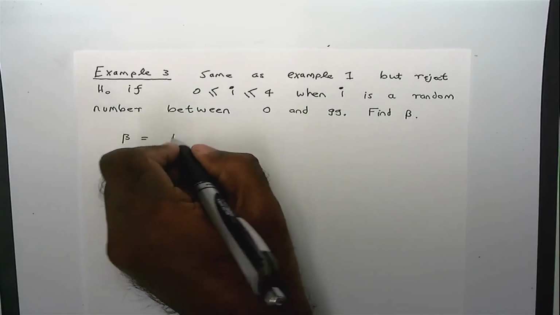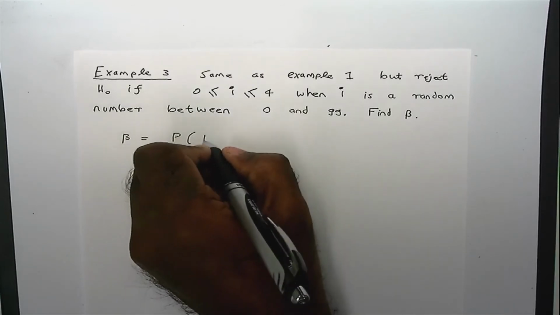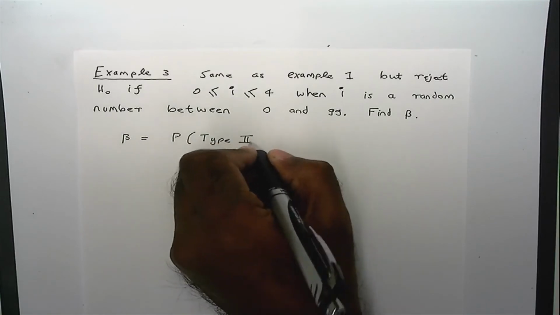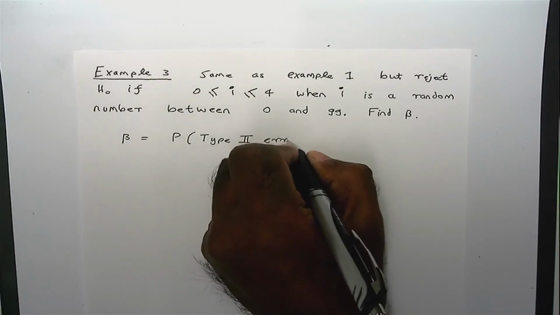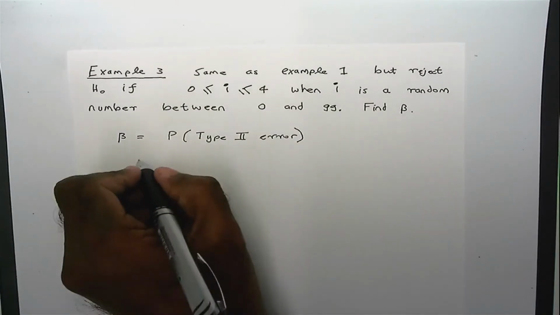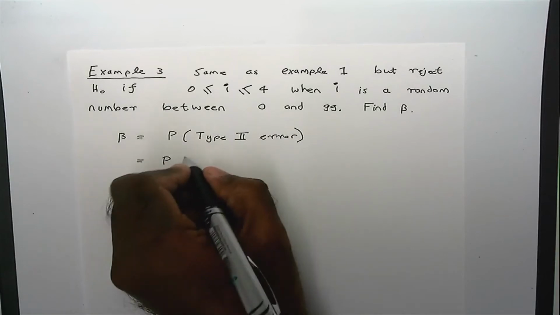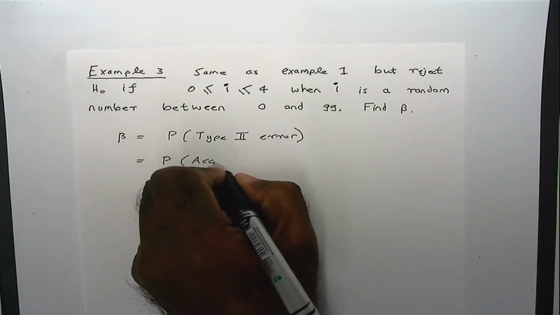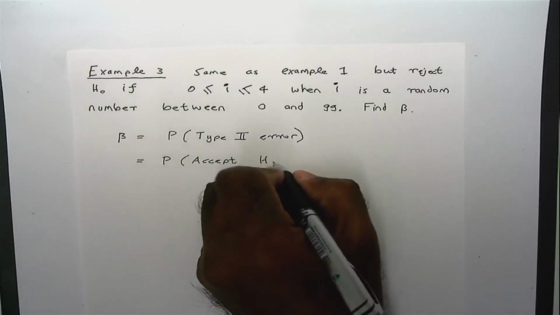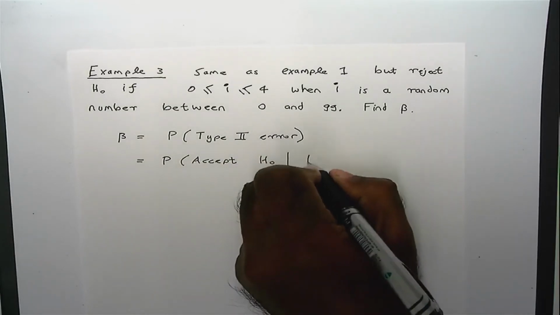Beta is the probability of type 2 error. So this is the probability of accepting H0 when H1 is true.